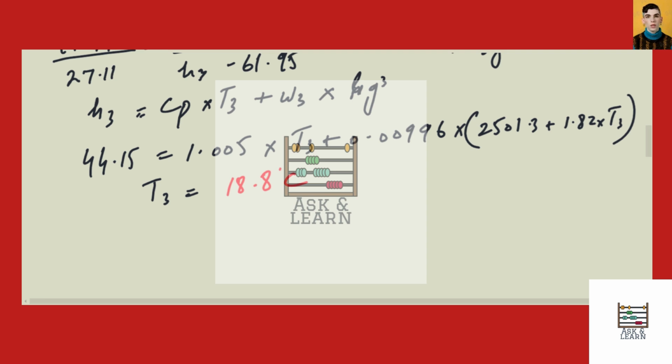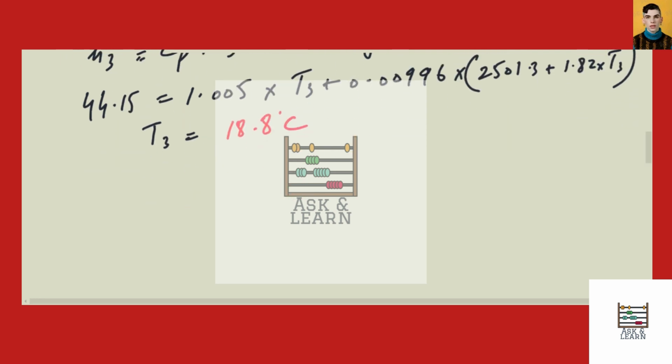So from the absolute humidity, we can calculate the vapor pressure, that is PV3. W3 is equal to 0.622 multiplied by PV3 divided by P minus PV3.